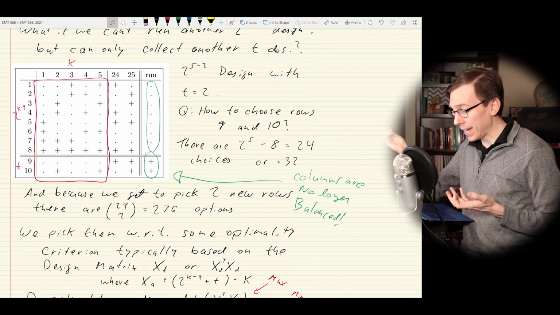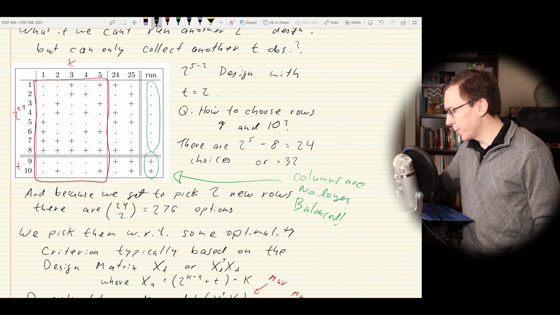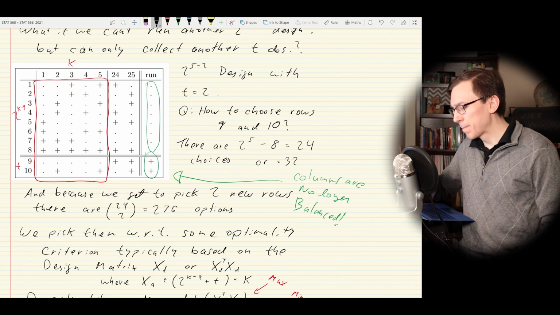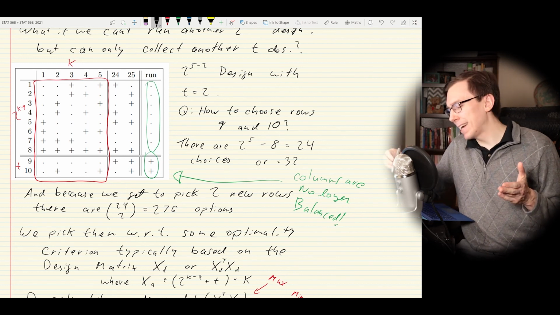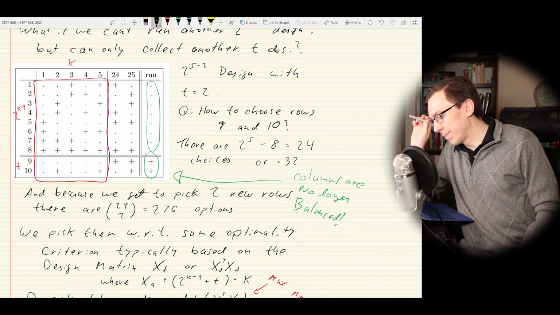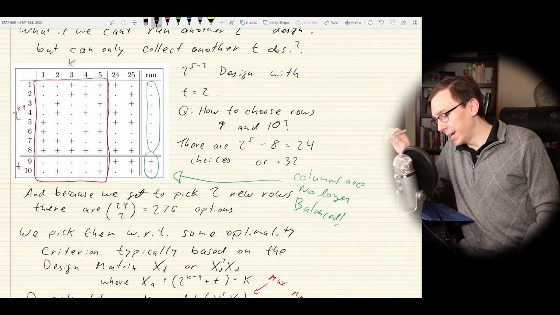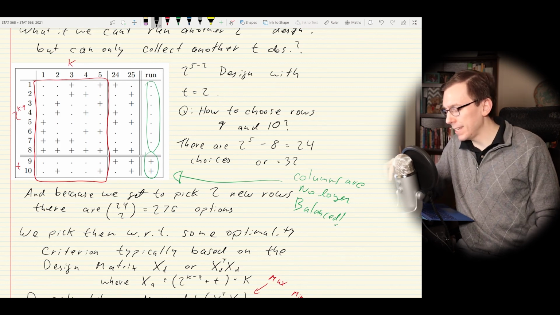Otherwise, I think I made all the points that I wanted to make. I got cut off by the camera when I was talking about this before. I did want to point out that balanced design means that we have the same number of pluses and minuses in every column. That is destroyed in the case of one of these follow-ups where we don't completely replicate the experiment.